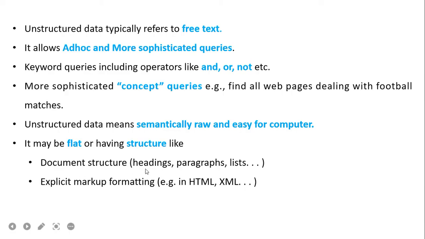Document structure means the heading, paragraph, list, and explicit markup formatting, that is HTML, XML. When we scan a book, the book has a particular structure, and when we use markup languages, for example HTML or XML, we have that particular structure like header, body section and different parts.